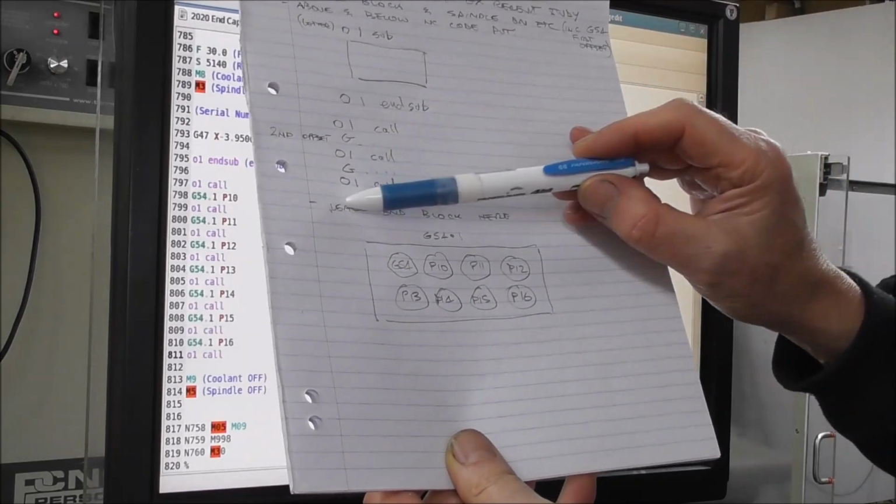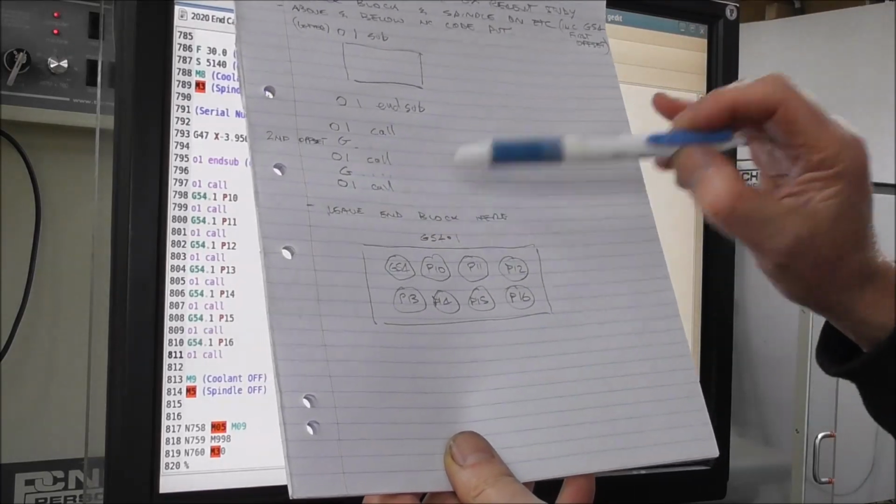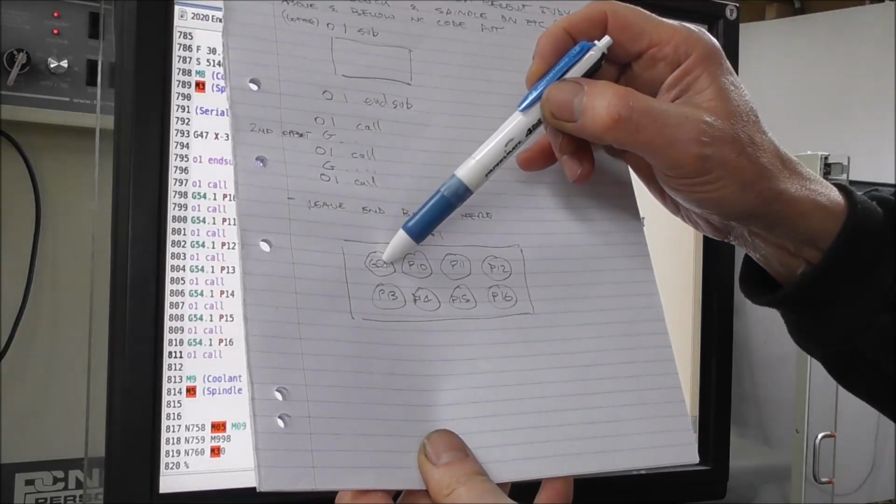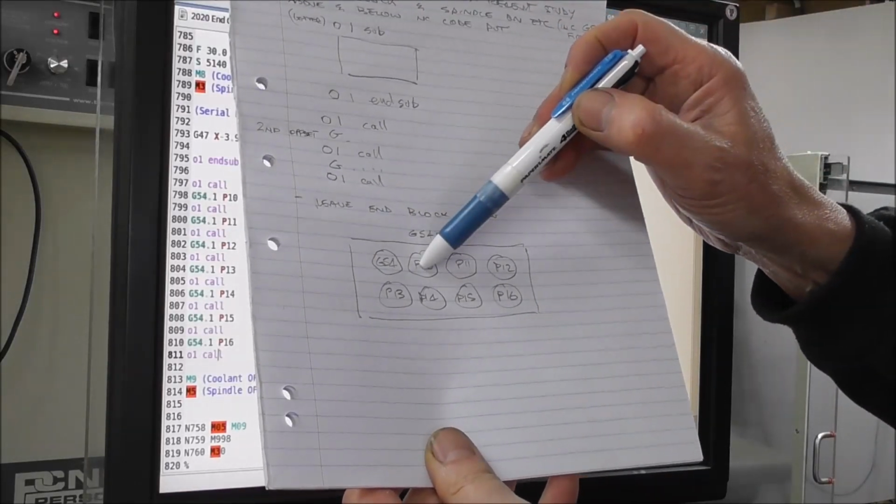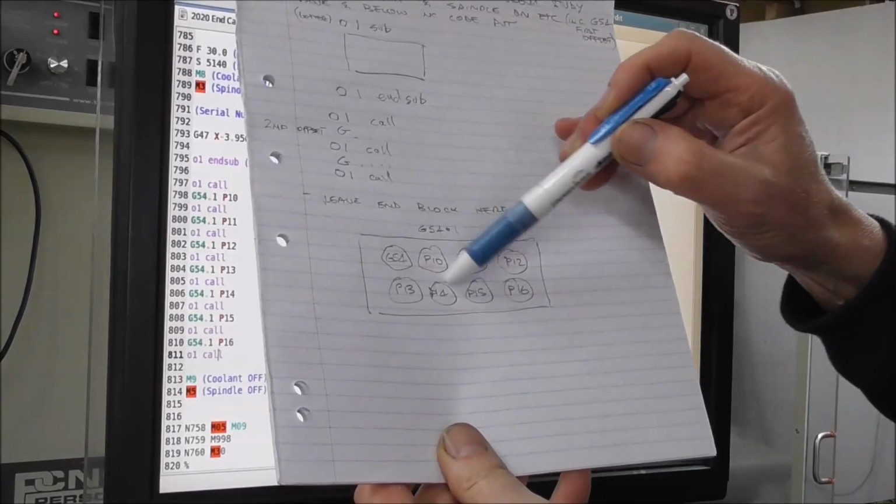Then you've got the end block, just the shutdown block there. So these are my positions, G54.1, P10, 11, 12 through to 16.